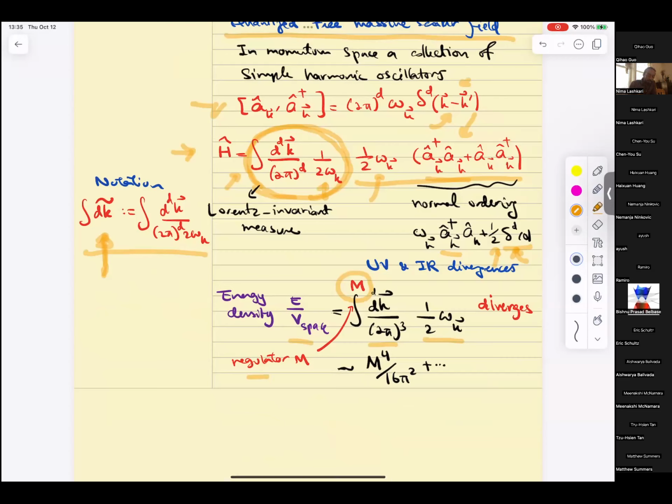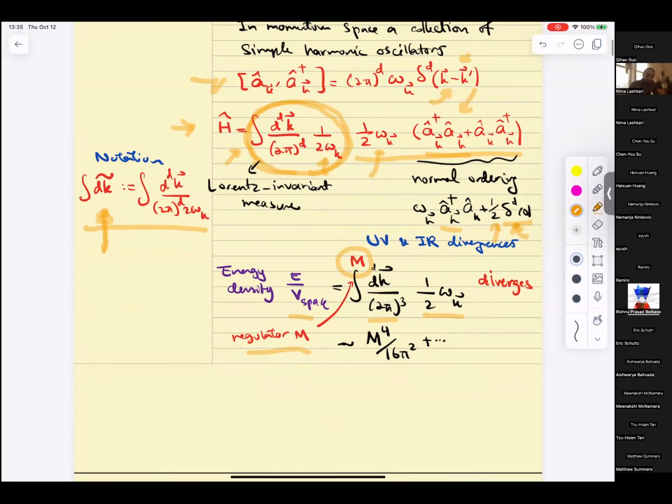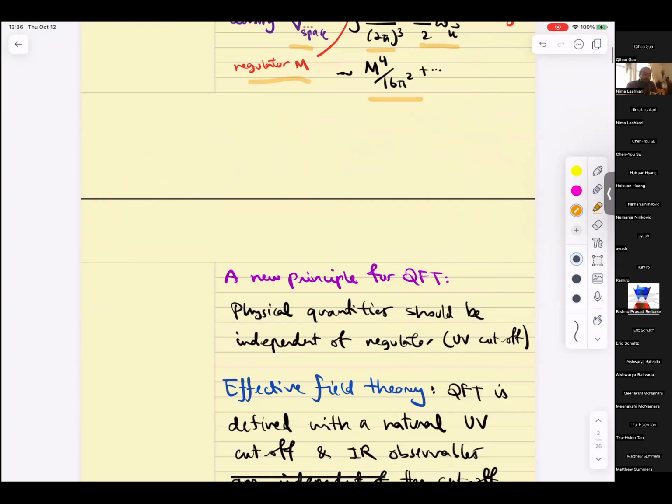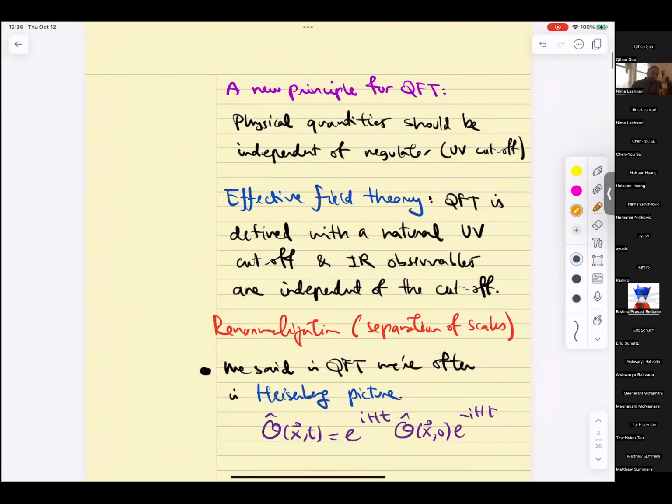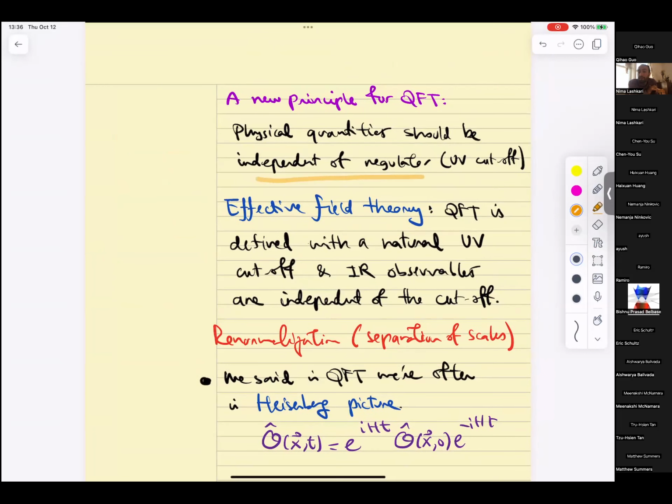The way we dealt with this was that we introduced an ad hoc regulator in momentum space. We said that this will, of course, cut it off. But then we said that we need a new principle for quantum field theory: physical quantities should be independent of the regulator. We call the regulator the UV cutoff. This principle is very crucial. It plays a major role in our modern understanding of quantum field theory.